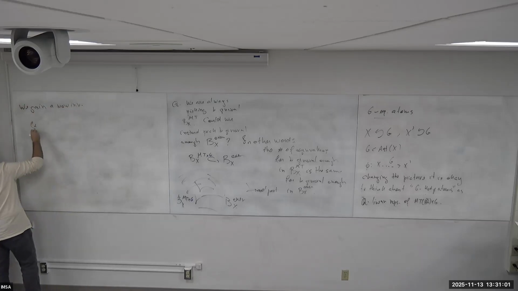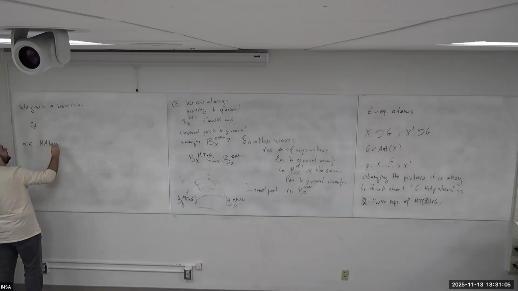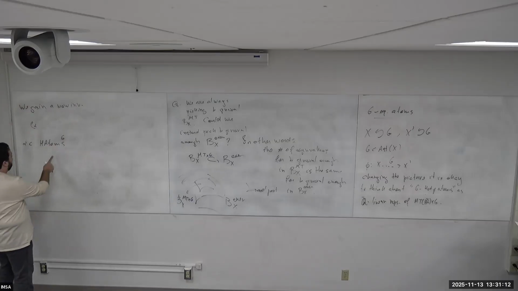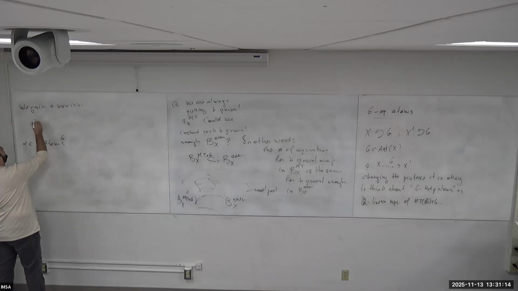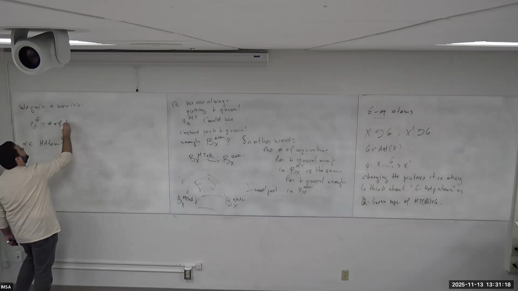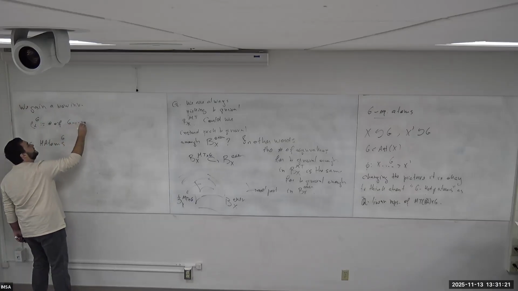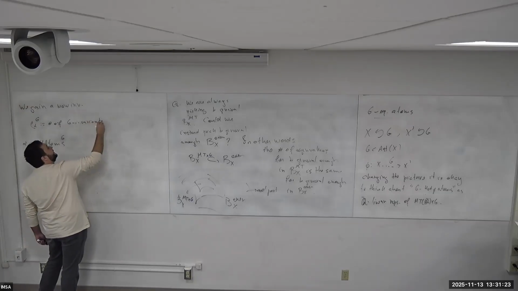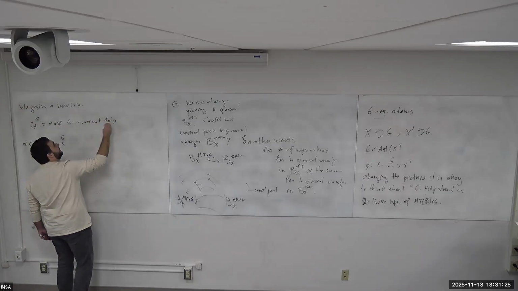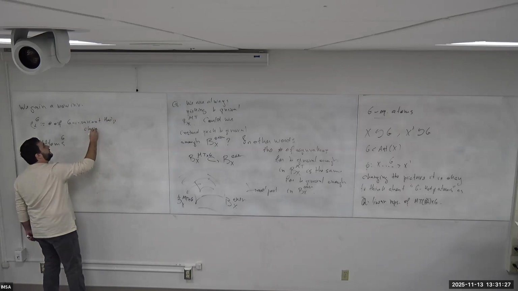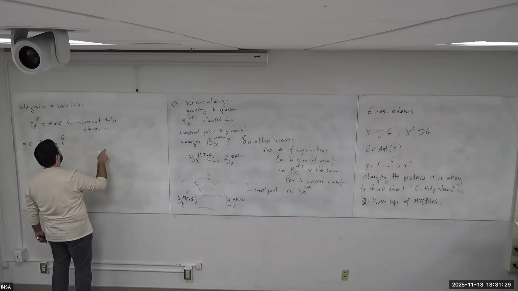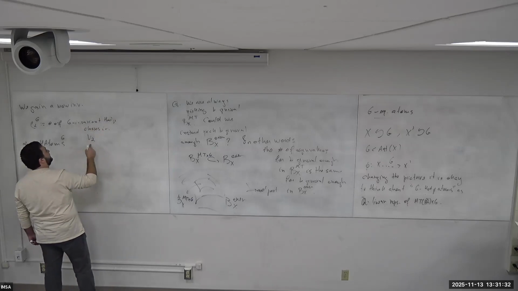As before, we are denoting the atoms by this, now we just put G atoms. And the additional invariant is the number of G-invariant Hodge classes in this corresponding subspace in cohomology.